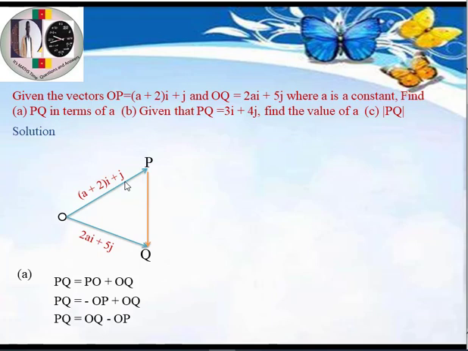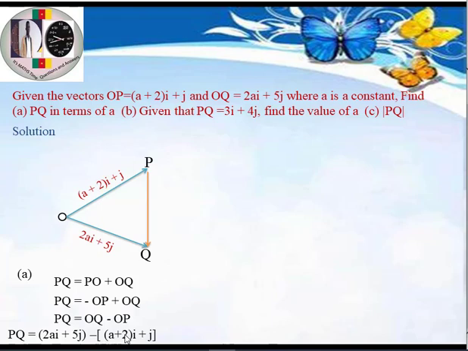So the vector PQ will be 2ai plus 5j minus a plus 2 i plus j, with square brackets. Now we should show that the minus we have in the middle here goes inside a plus 2 i and inside j, maybe only inside a plus 2 i.